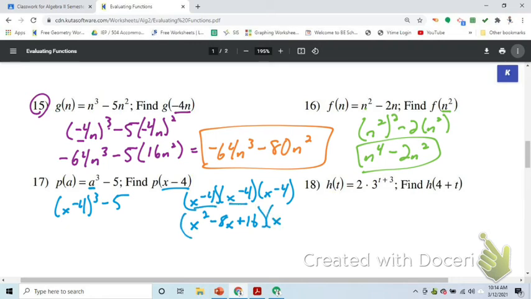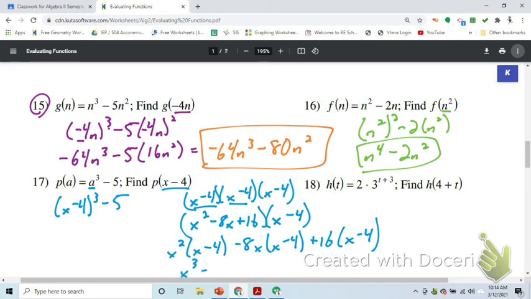Then you have to take that and multiply it by x minus 4. So I get x squared times x minus 4, minus 8x times x minus 4, and then plus 16 times x minus 4. So this will be x to the third minus 4x squared minus 8x squared plus 32x plus 16x minus 64.